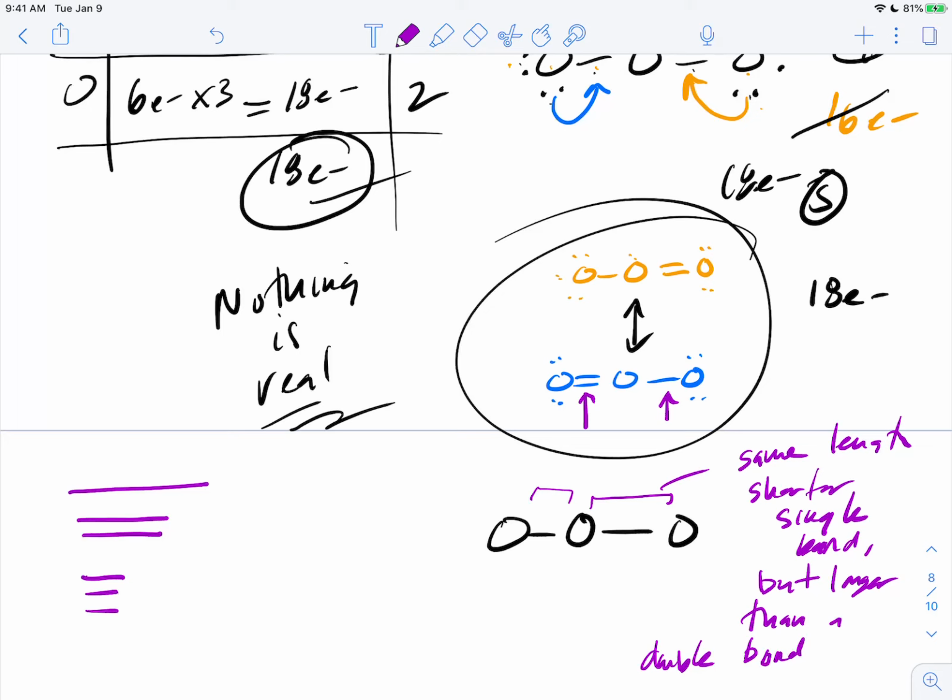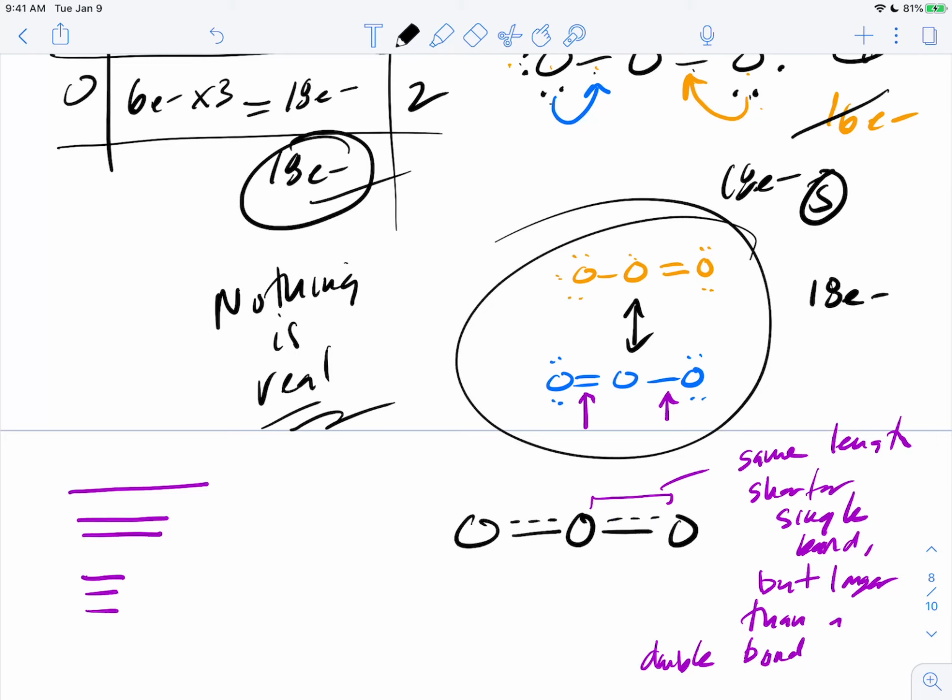That is to say that, and I'm going to actually do one thing to make this look a little nicer. So that is to say that these bonds actually have characteristics of a single and double bond.